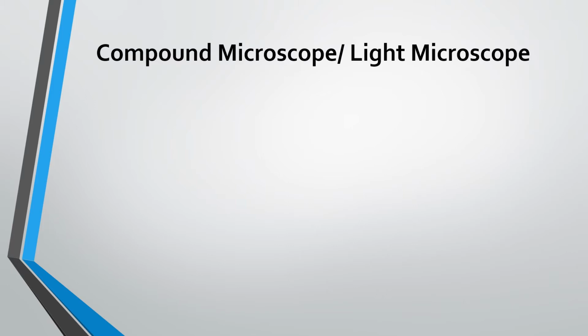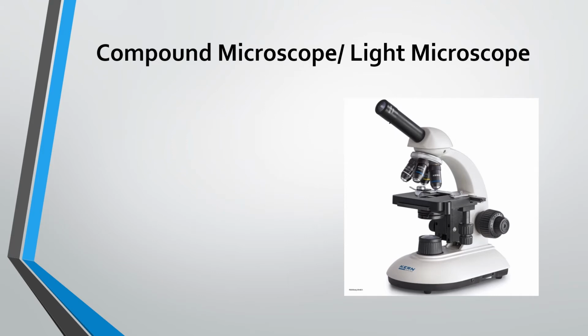So now we'll see what is the reason for calling it a compound microscope or light microscope. Here you have the diagram of a compound microscope, a diagram of a modern compound microscope. But in your school laboratory, you may not find this type of microscope, and we are using all types of microscopes in our school laboratories.